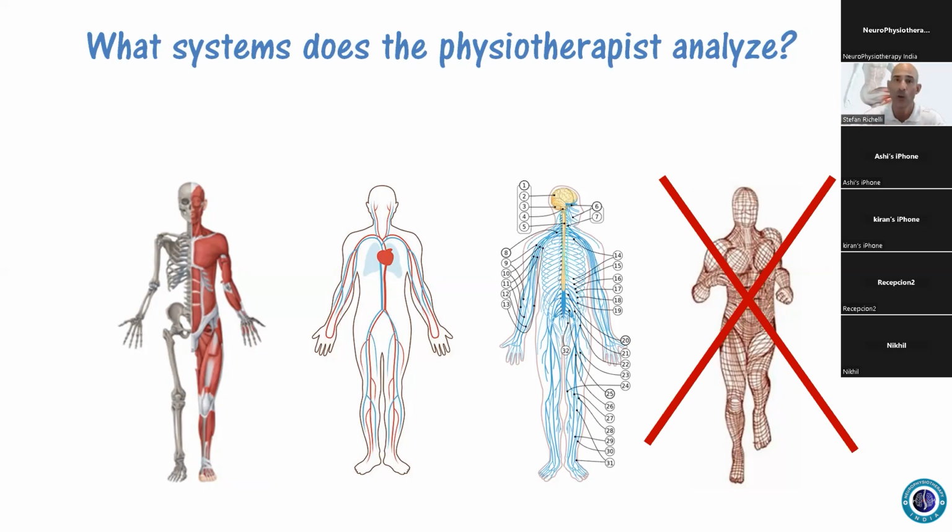Or no, I'm only going to look at the nerve system. It's impossible. As soon as we touch our patient, we are treating or manipulating the connective tissue. And if we really don't know what we are doing, we can do a lot of things wrong. So fascia has to be taken into account in our assessments when we are looking for the problem of our patients.